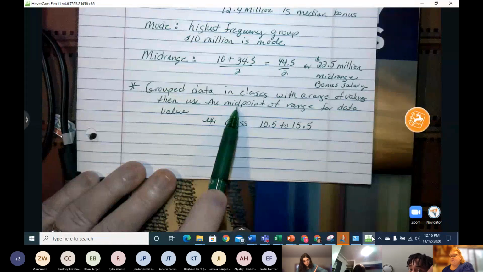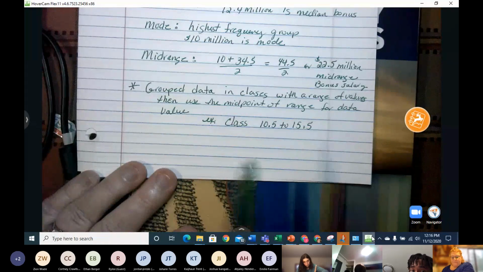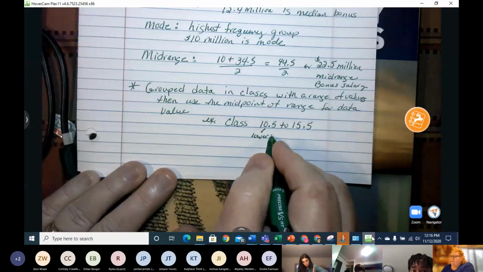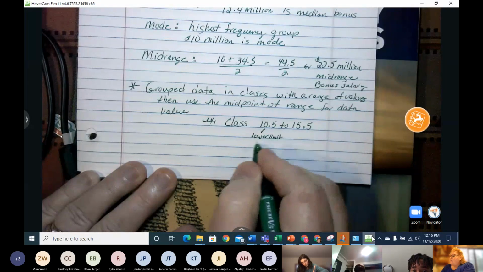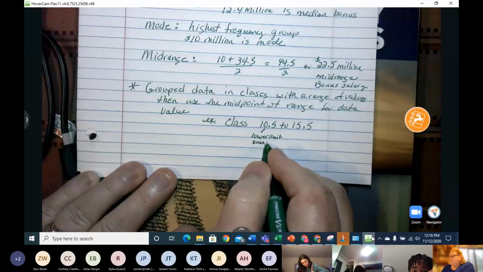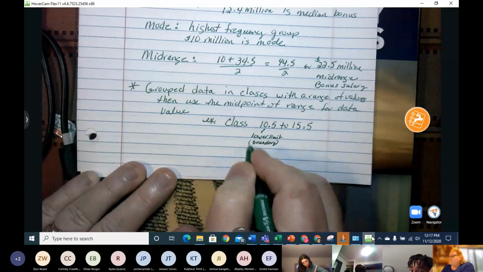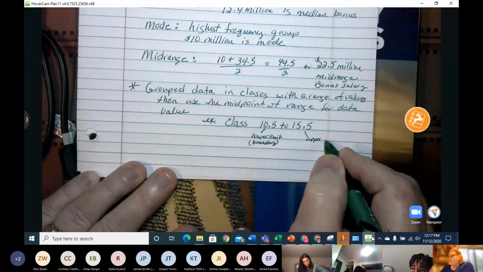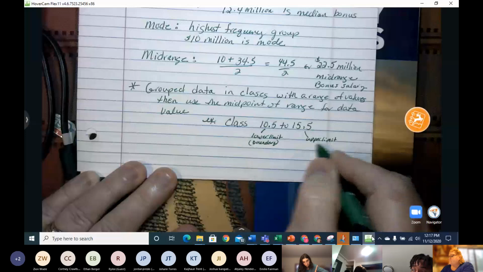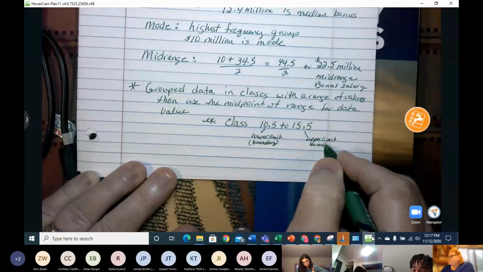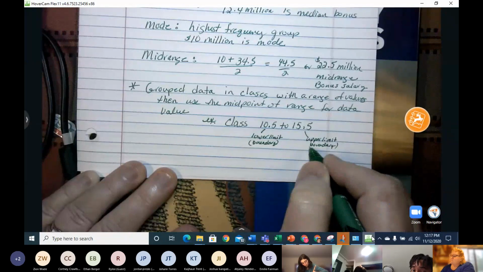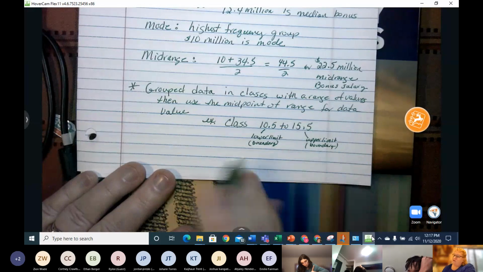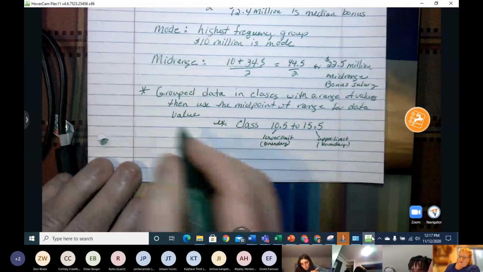So keep in mind that this is the lower limit or the lower boundary. This one is the upper limit or the upper boundary. And we want to find the midpoint.